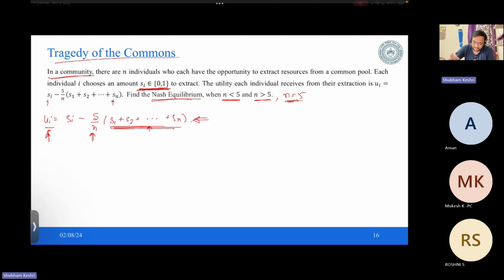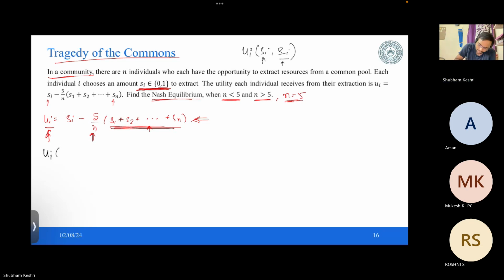Since this problem is symmetric, you can go on to do this very easily. We can write the utility as u_i(s_i, s_minus_i). This is the strategy of player i, and this is the strategy of all the other players. S_i can either take 0 or 1, so we'll just see what happens when it takes 0 and what happens when it takes 1.